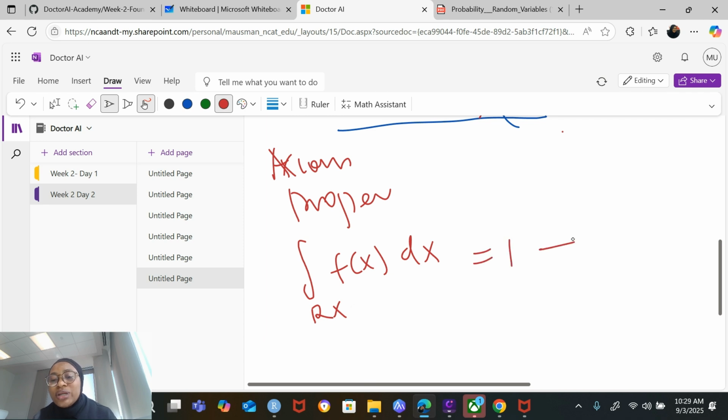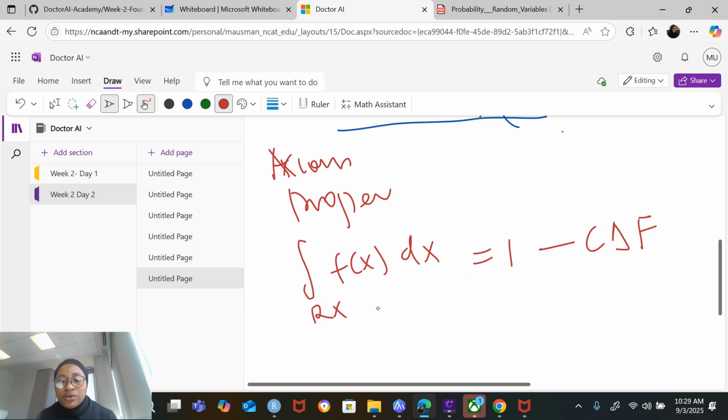It's just like when we say the sample space must be equal to 1. That's what the cumulative density function is also doing. It's saying when you integrate the probability density function over the entire range of that distribution, it must be equal to 1.